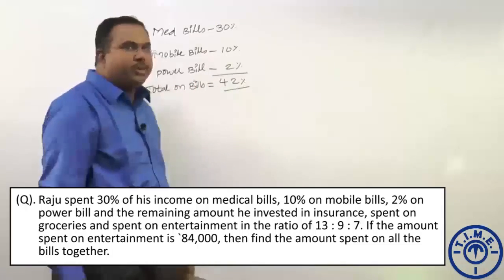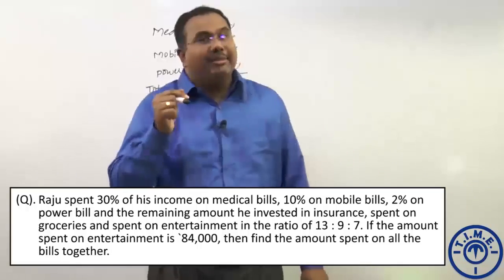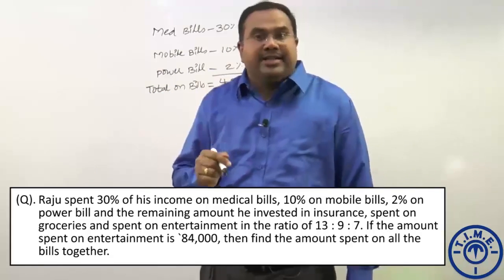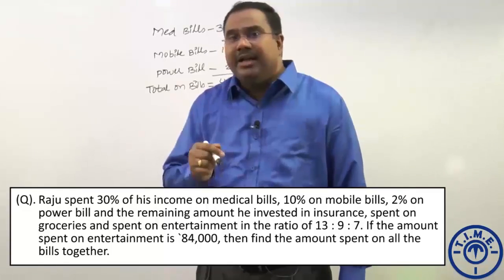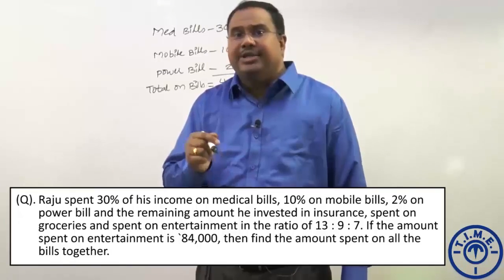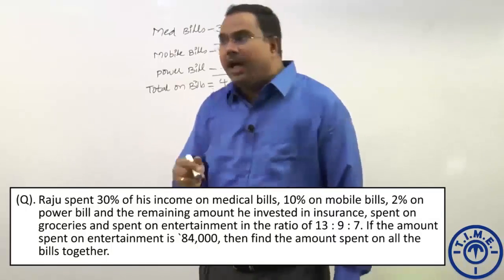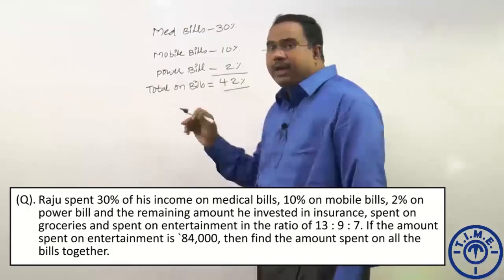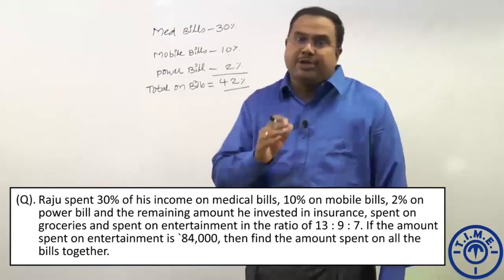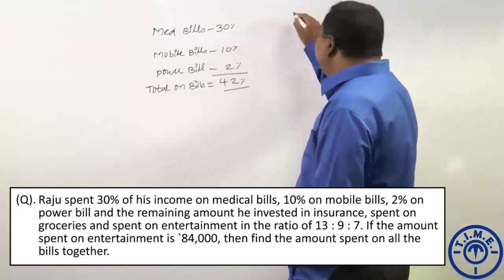The remaining amount he is investing in insurance, grocery and entertainment in the ratio of 13:9:7. What is the remaining amount? The amount he is spending here is 42%, total will be 100%. So, 100 minus 42, this is 58%.